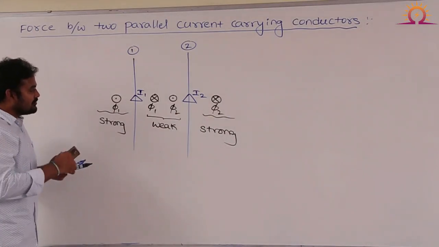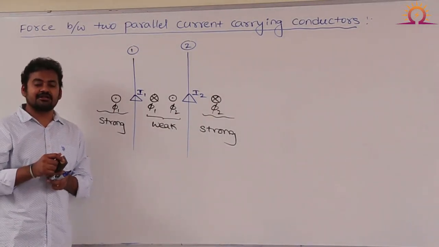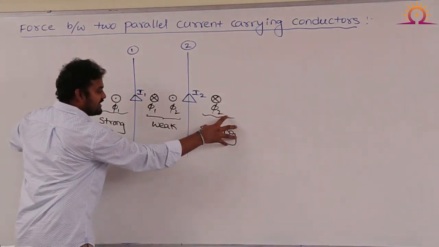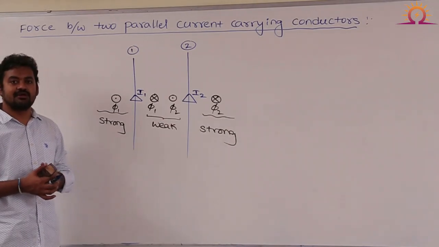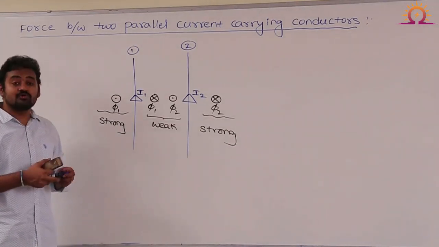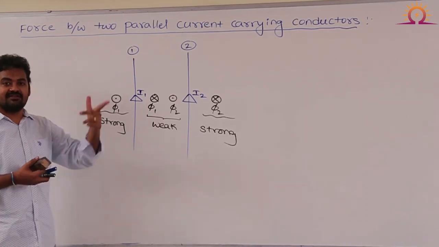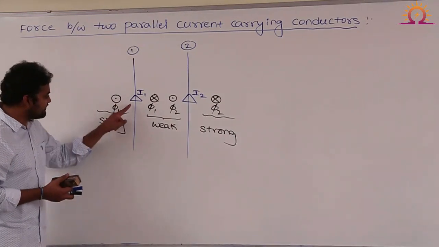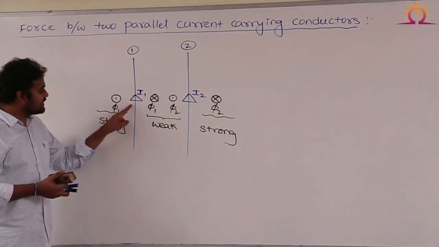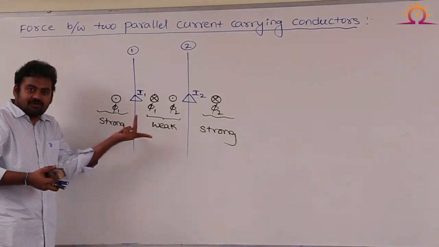Now, to identify the direction of force acting on the conductor, I will take this strong magnetic field as reference so that we can easily identify the direction of force. As I already explained, we identify the direction of force by using Fleming's left hand rule. If I use Fleming's left hand rule, you see the first conductor, the current direction is shown by the central finger of the left hand, that is in upward direction.